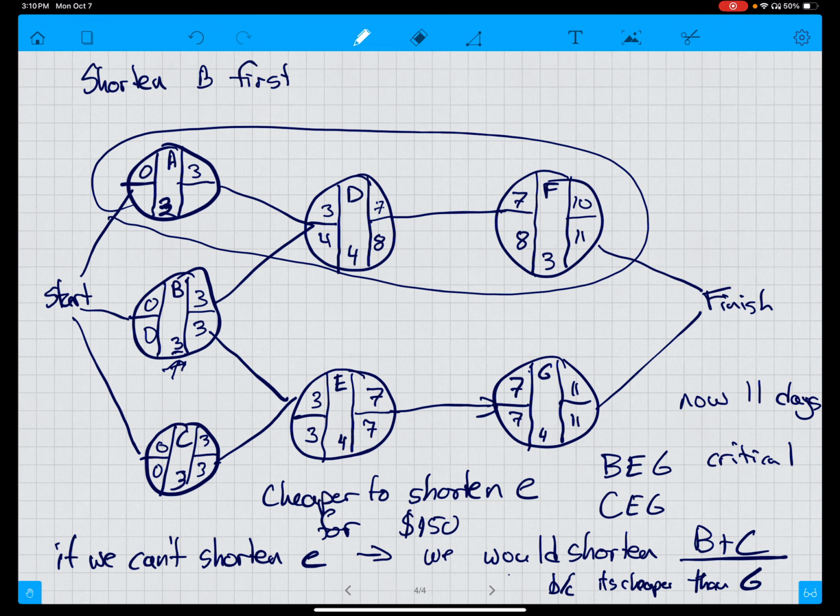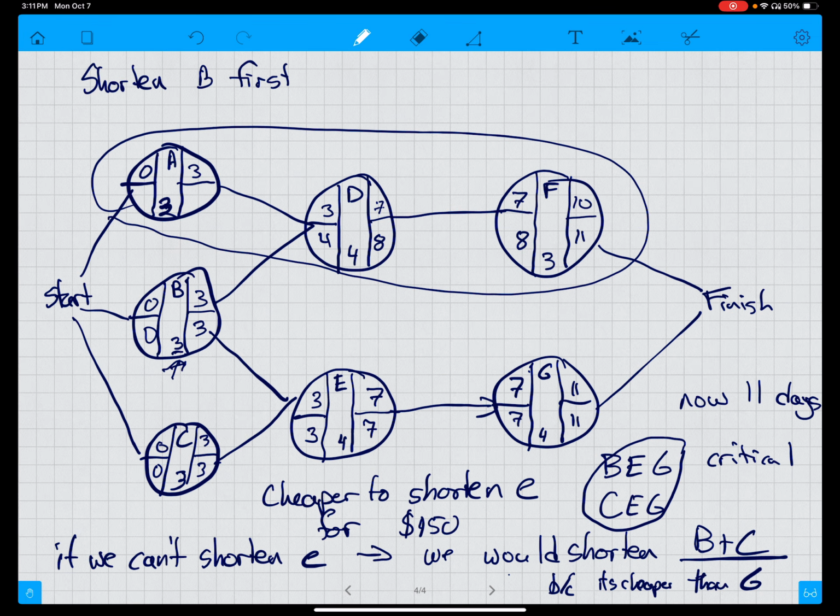We discovered we now had 2 critical paths. And from there, we determined that it would be cheaper to shorten E, which is on both critical paths, BEG, CEG, than it was to shorten B and C, which are on individual ones.